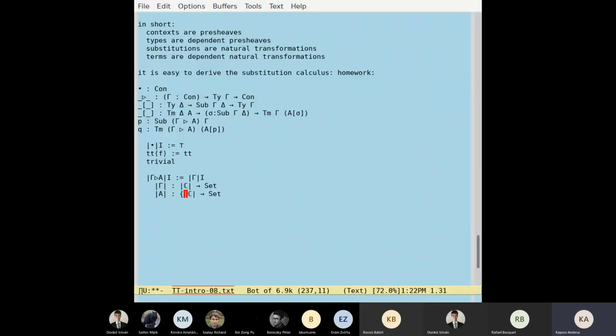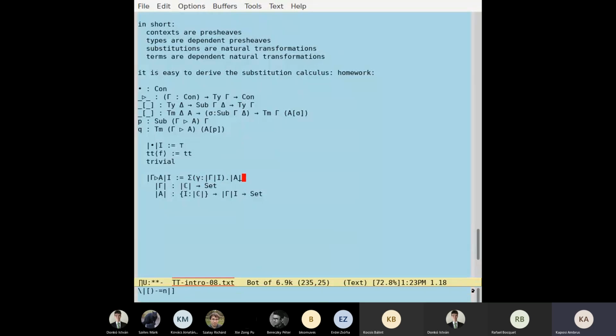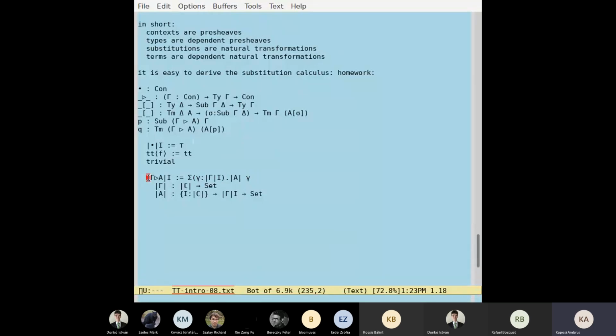For every I and every gamma I have a set. So this will be just a sigma type: sigma type of this small gamma and A at this small gamma. Okay. So context extension is just sigma types.